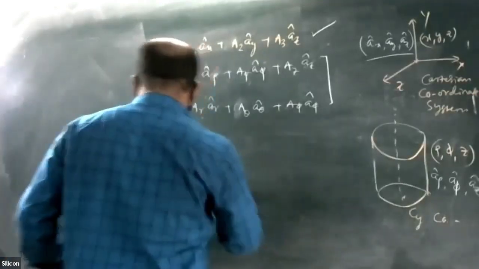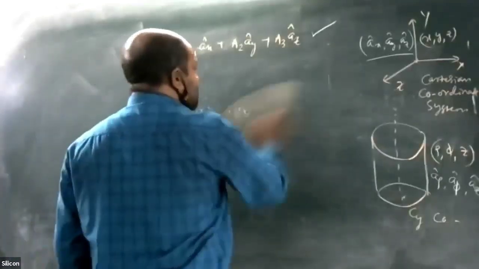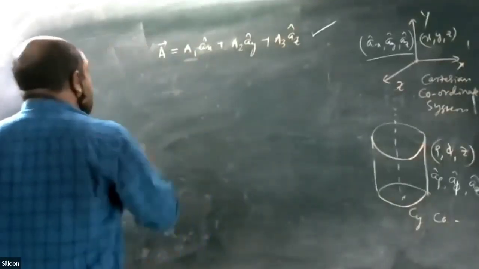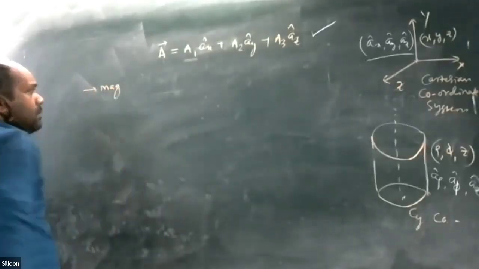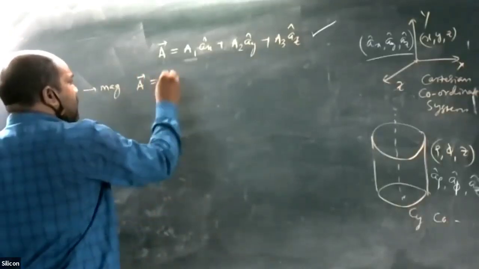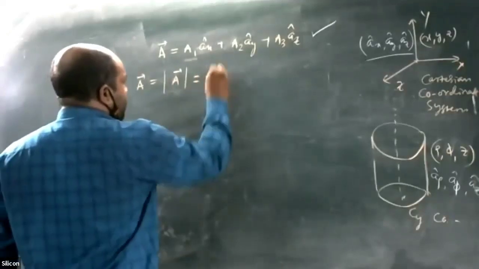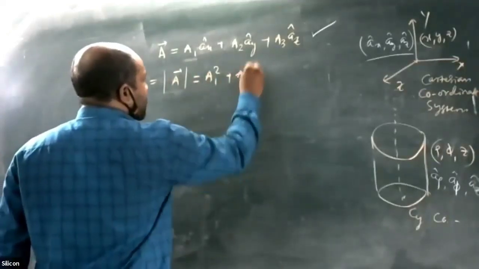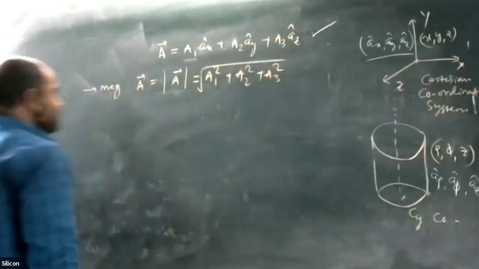Next, suppose you have a vector. This top one is a vector. What is the magnitude of this vector? A1 square plus A2 square plus A3 square, all under the square root. You know this, very good.